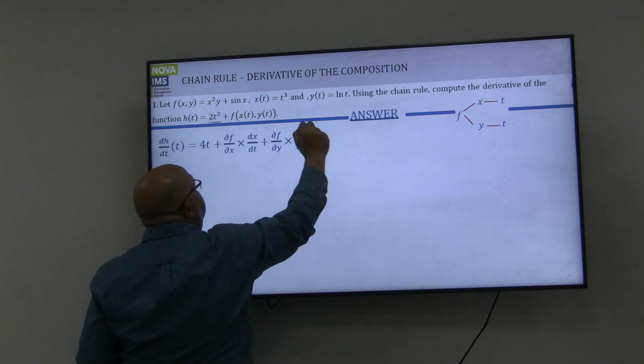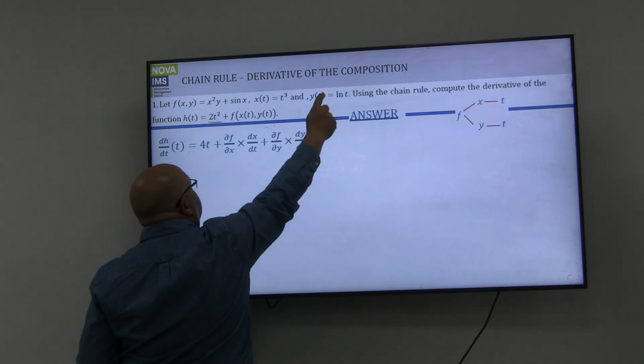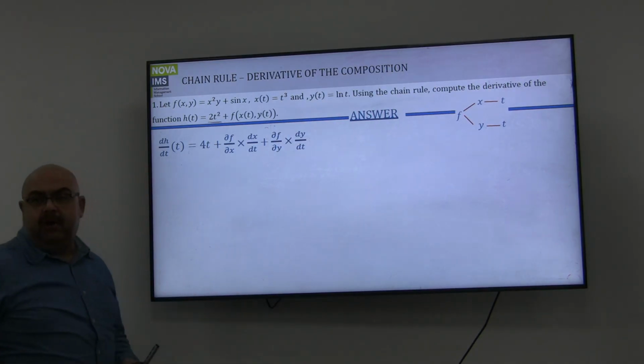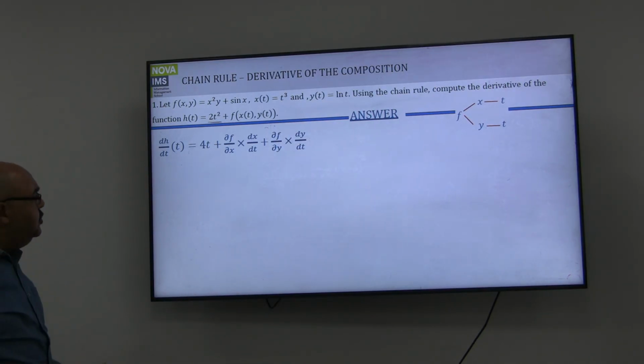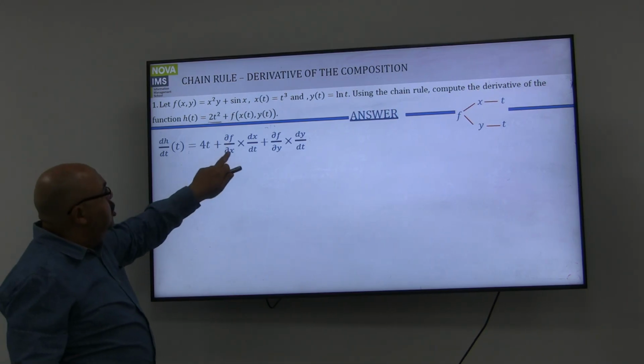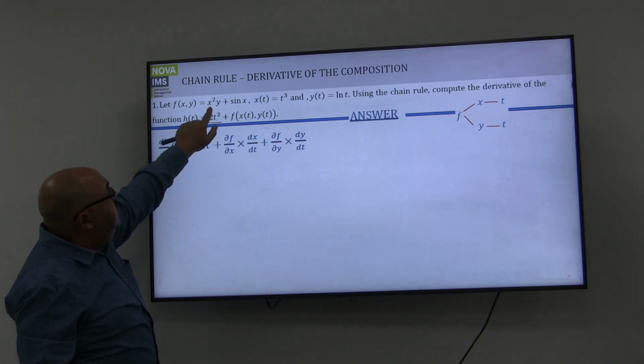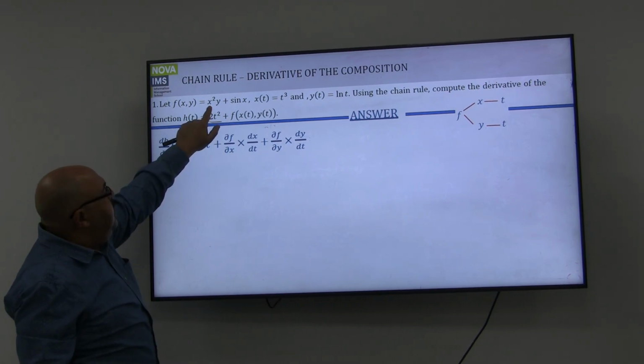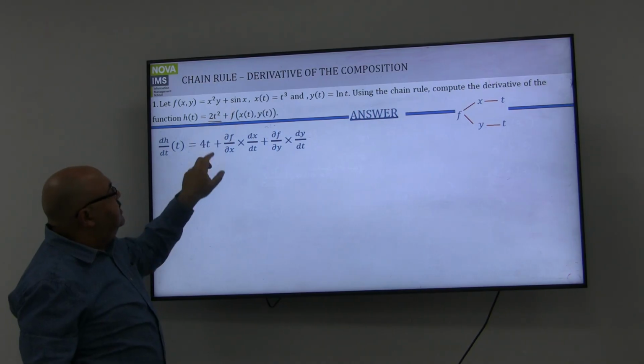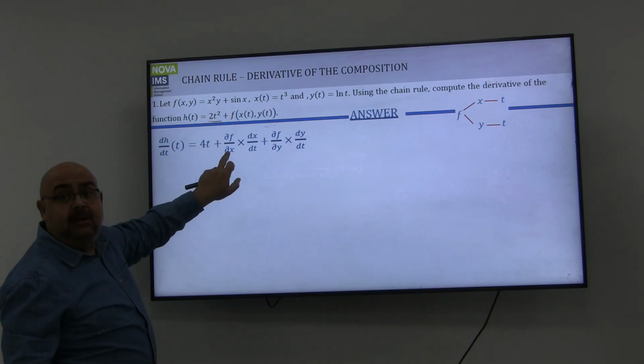Then I will differentiate x with respect to t times the derivative of y with respect to t. So simply, the next step is to differentiate f with respect to x. Let's start differentiating. This part is going to be 2x times y. This is going to be a cosine of x. This is for the first part.